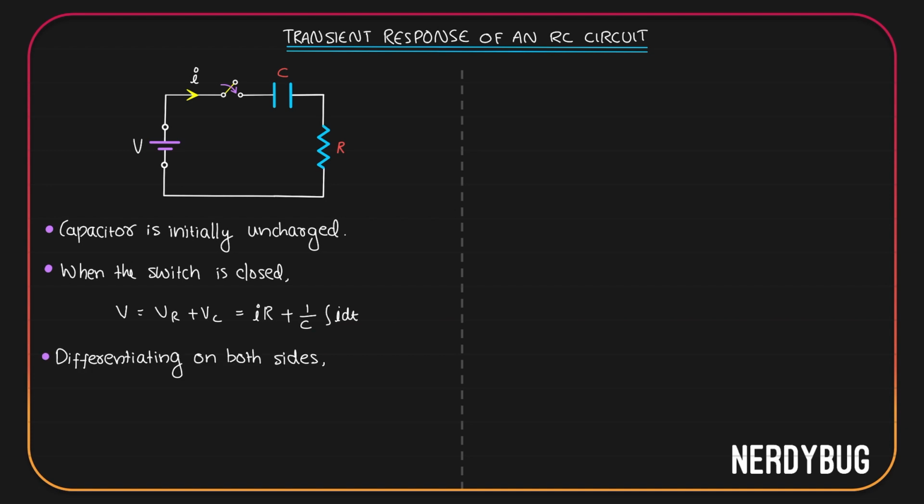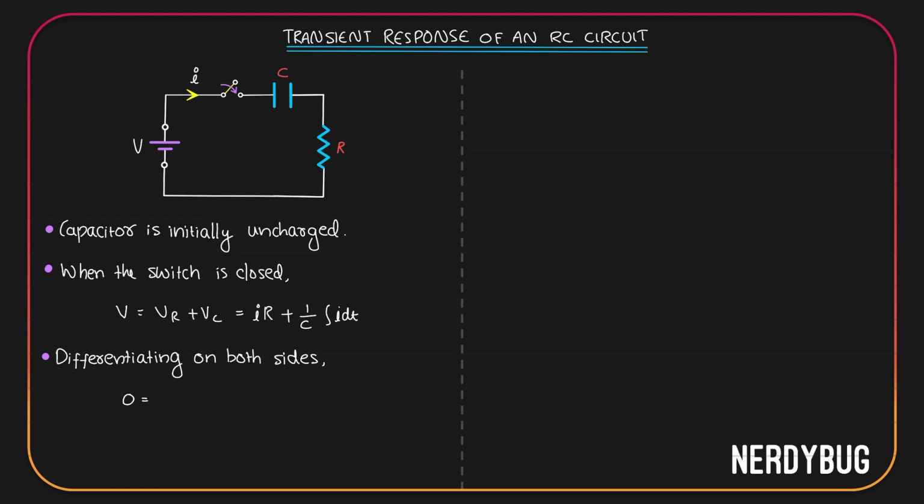Let us differentiate both sides of this equation. On the left hand side we have V. V is the applied voltage, it is a constant. So if you differentiate it, you get 0. This is equal to, on the right hand side there is IR.